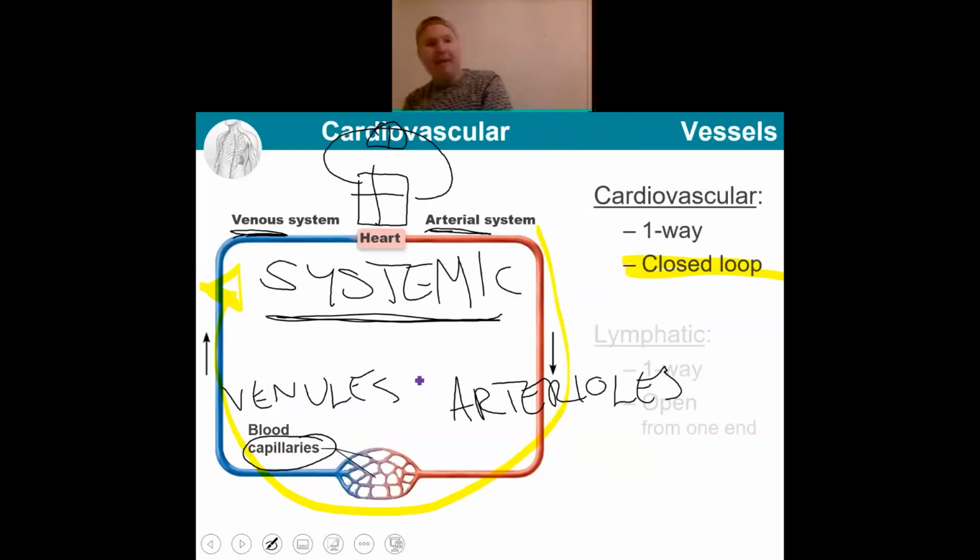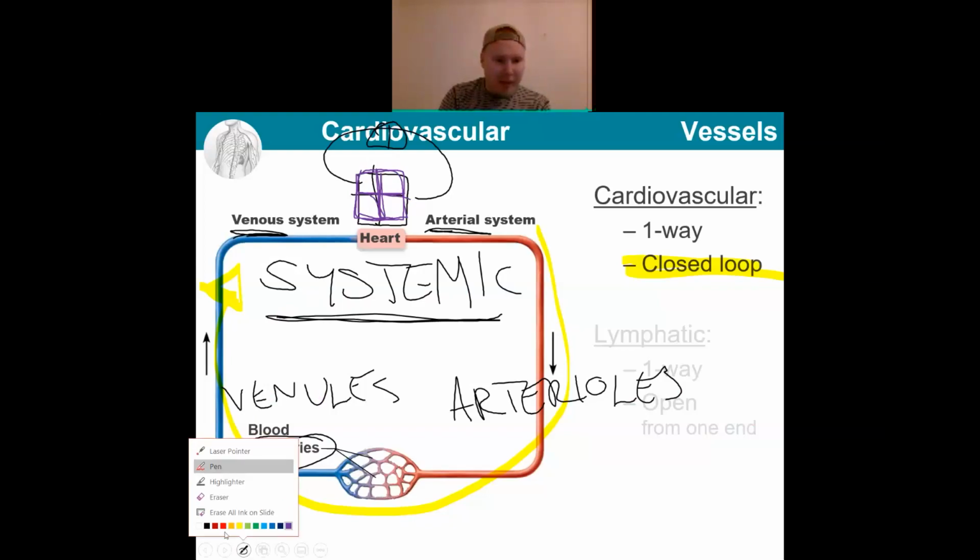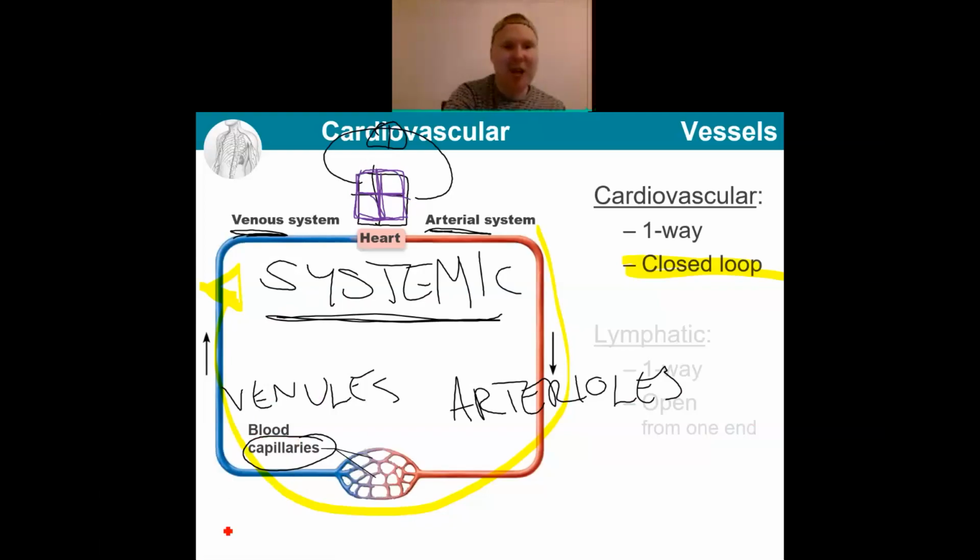So here we have a representation of our cardiovascular system. You remember that we talked about the heart, which we could draw as a box that had 4 different chambers. I'm just going to change the color so it's not all the same color. Some of the blood from the heart went to the lungs.